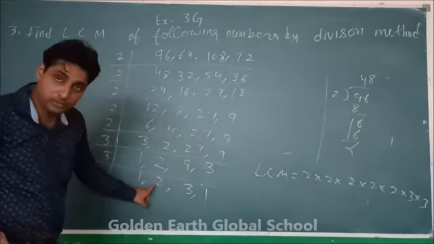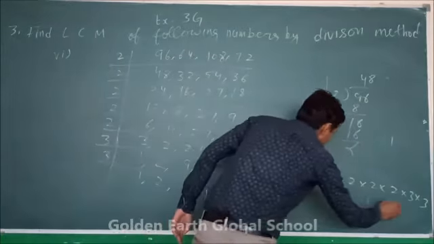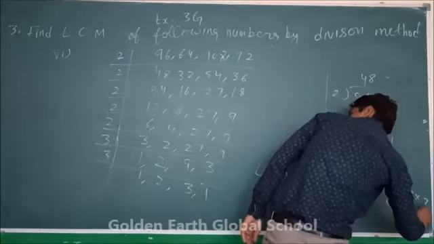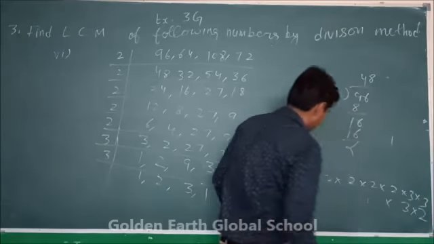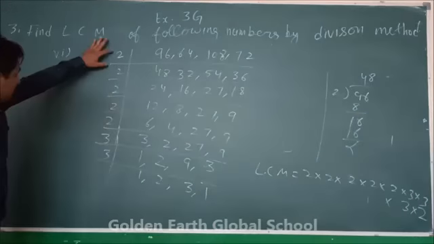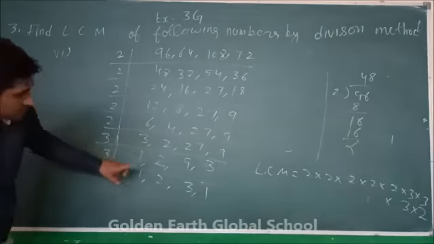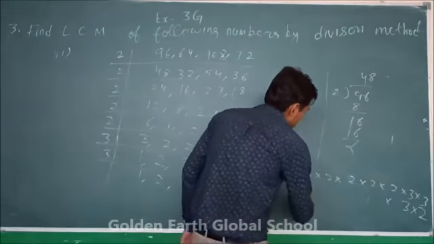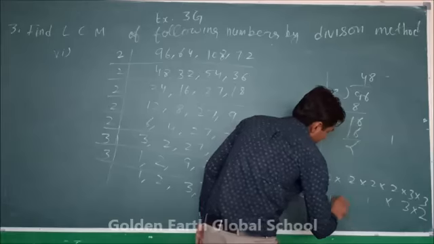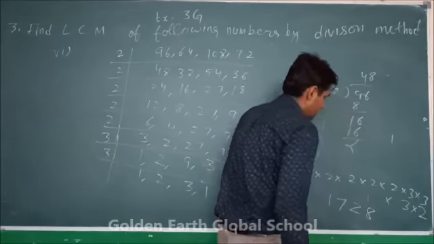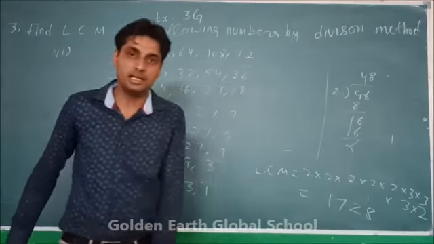Okay, and 1 2 is also left, so you have to write 3 and 2. So now count again. So 6 2, okay, and 3 times. Okay, then you have to multiply. It is 1728. Okay, so this is the LCM.